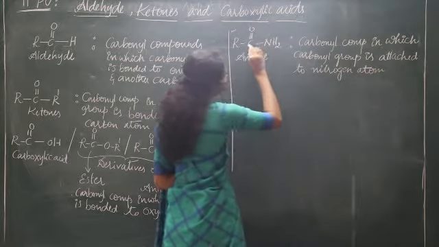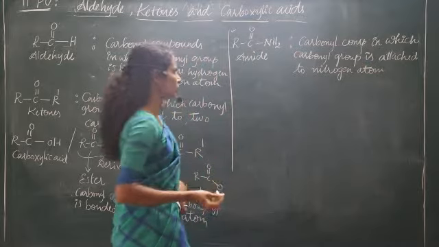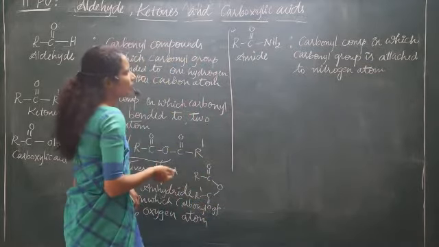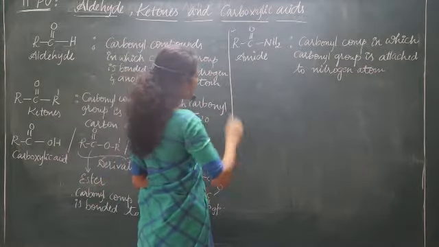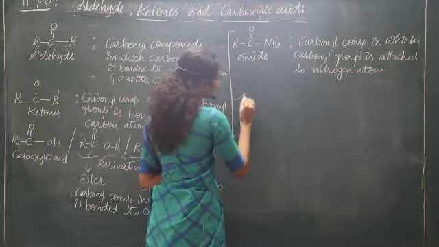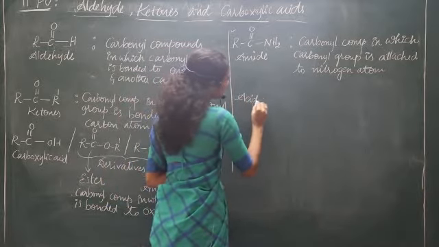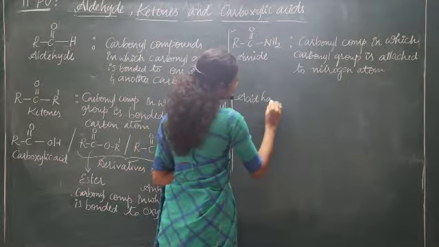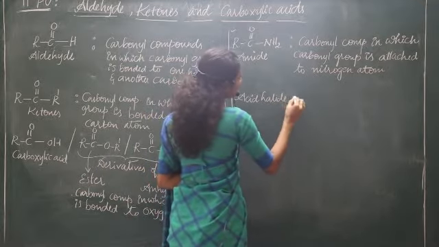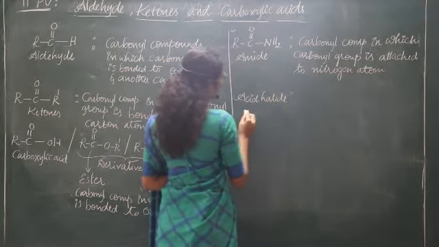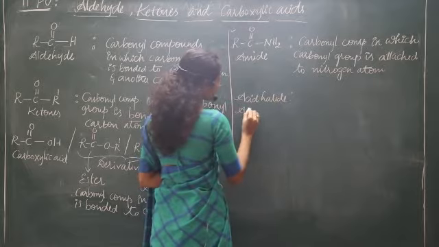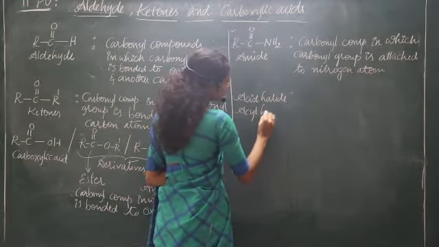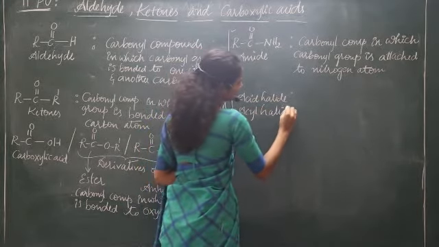Right? Carbonyl group is attached to nitrogen atom mainly. Next is acid halides or acid chlorides or acyl halides.